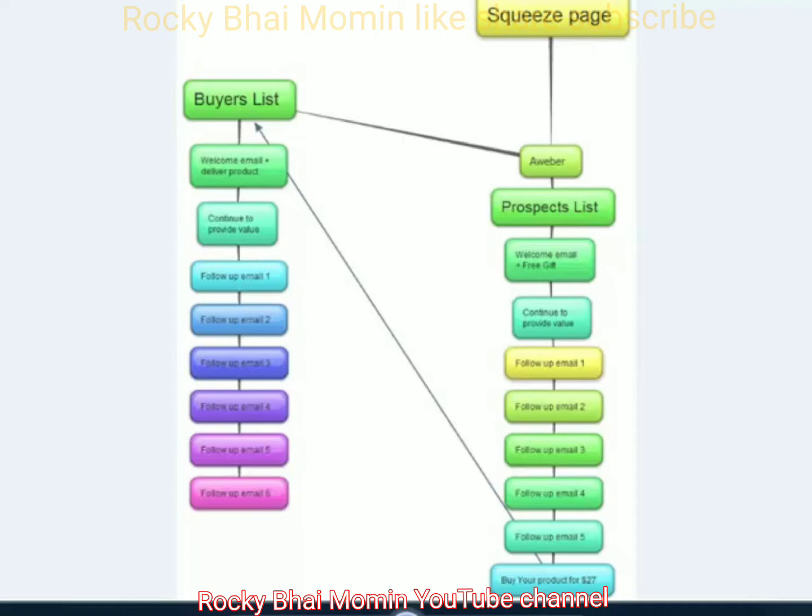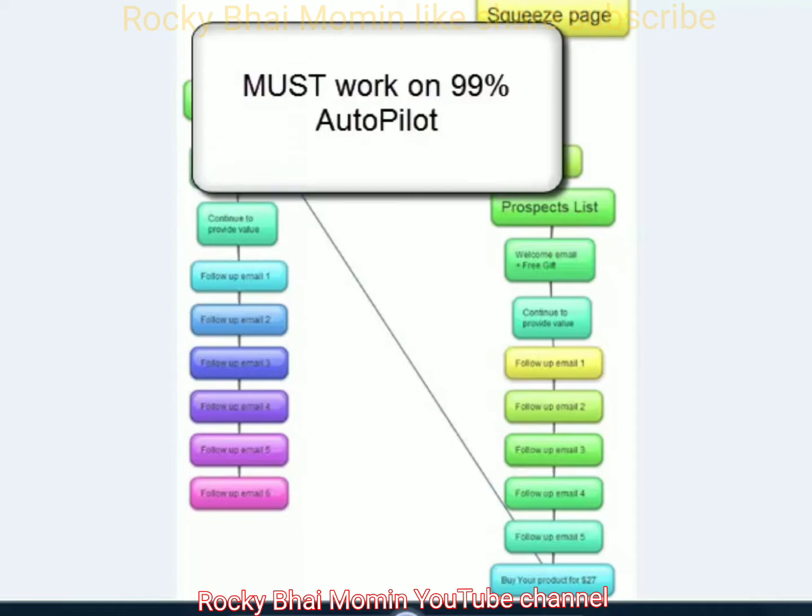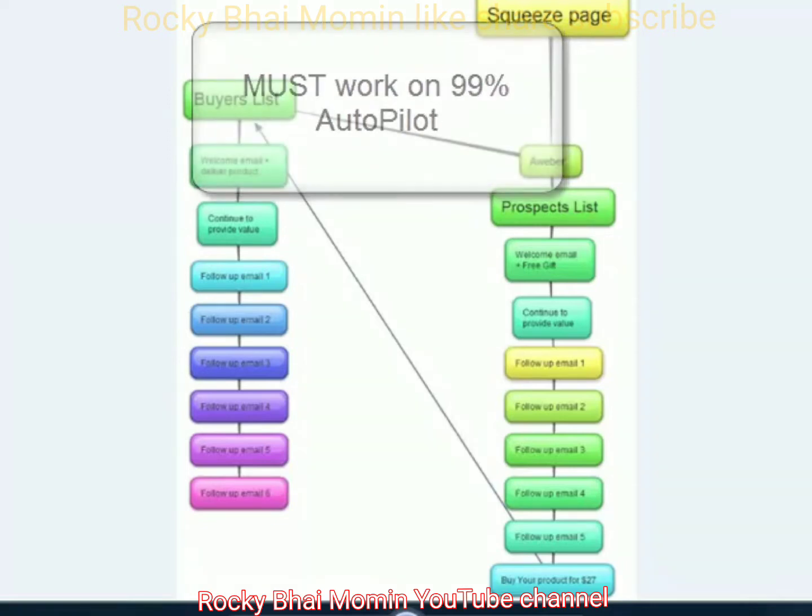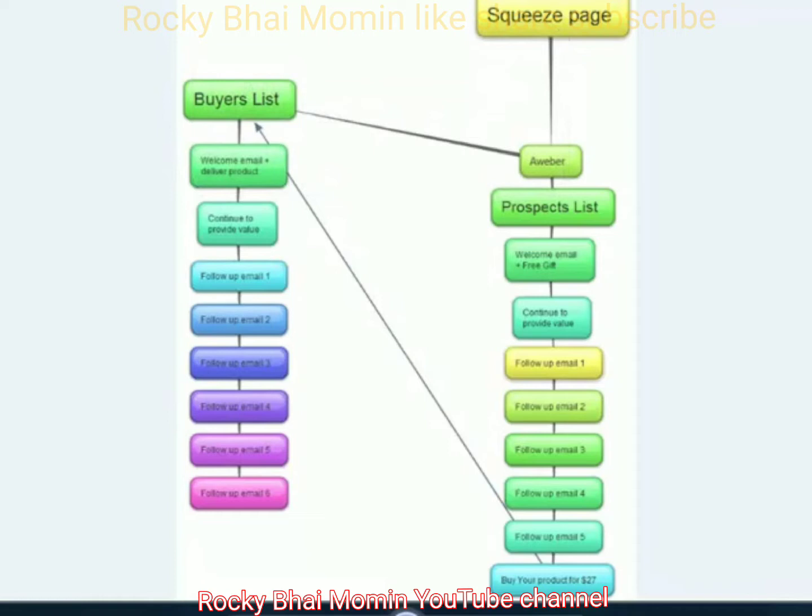Firstly, as I did just briefly mention, your sales funnel must work on 99% autopilot. The reason why is because you don't want to have to log into your accounts and constantly manually do tasks all day long to build your business.